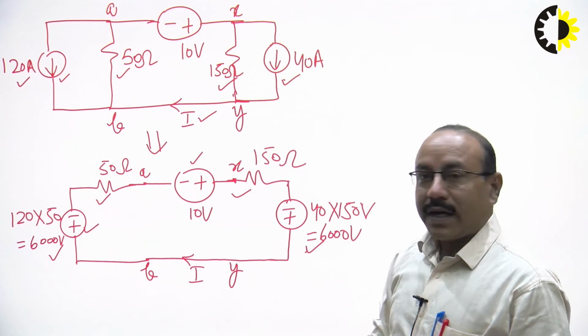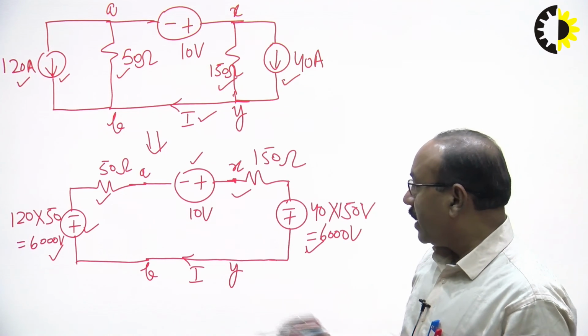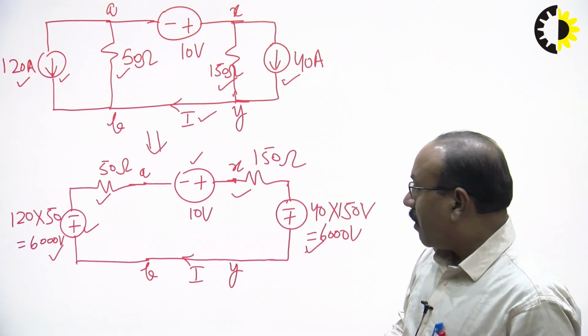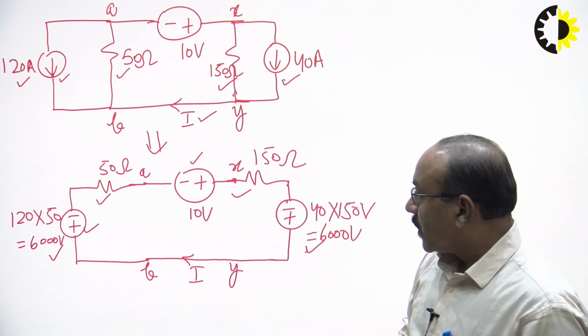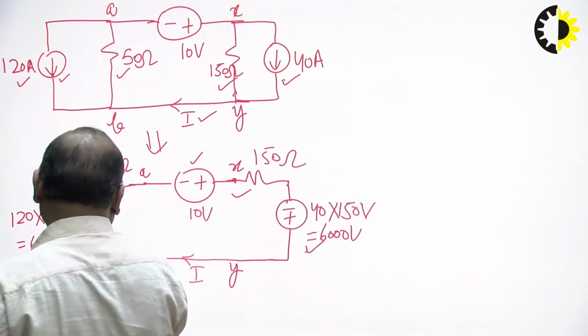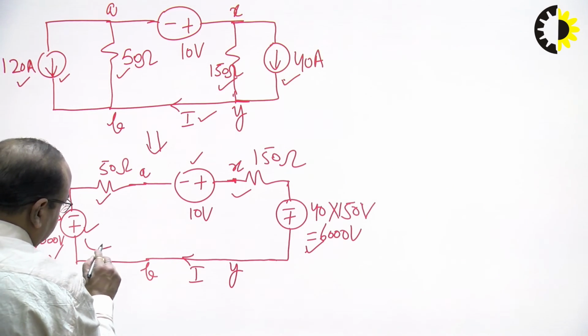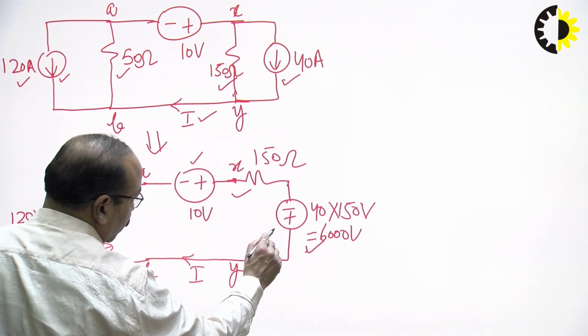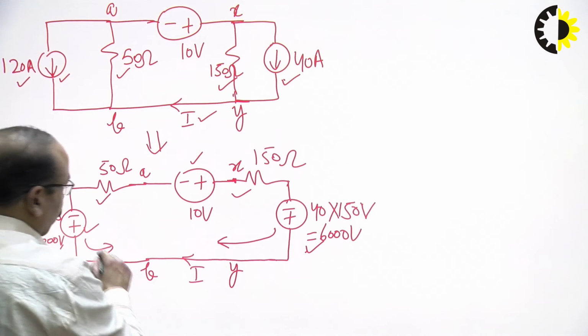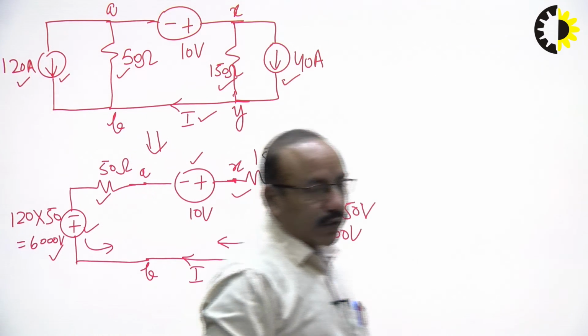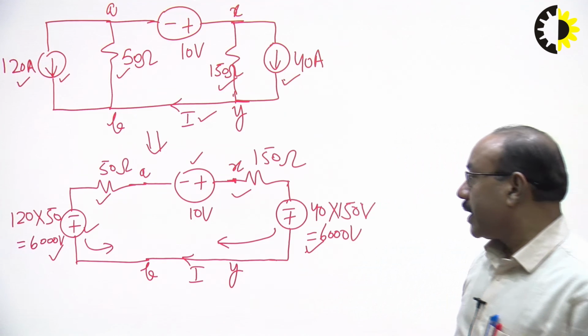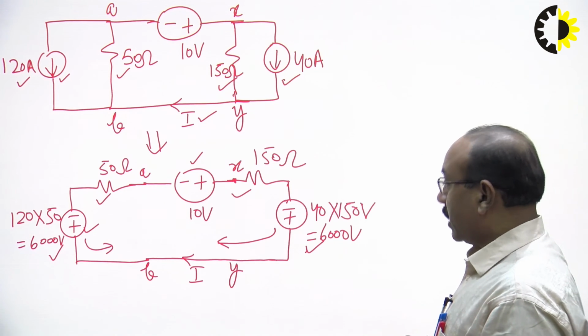So, we can apply KVL and find this current I very easily, or the other way we can also do it. This 6000 volt voltage source will be supplying current like this, and this other 6000 volt source will be supplying current like this. So, we can see both these voltage sources are supplying current in opposite directions in the circuit.